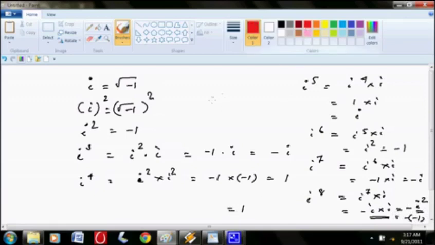So you can make out that i square is minus 1, i cube is minus i, i to the power 4 is 1, i to the power 8 is again 1.